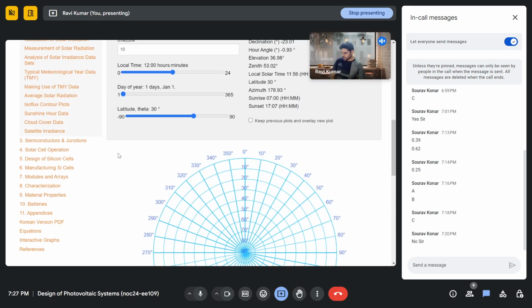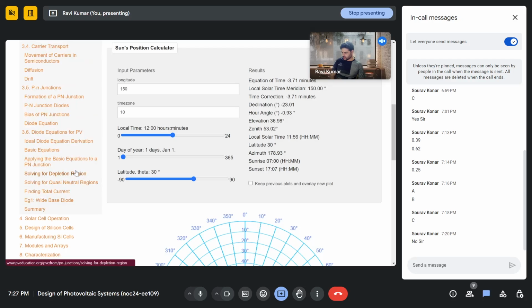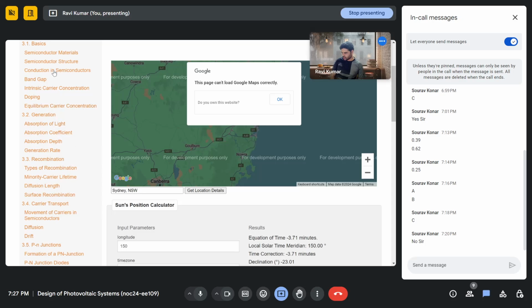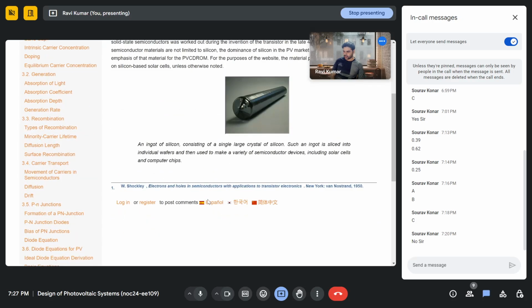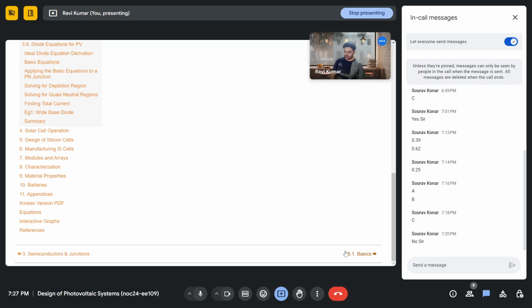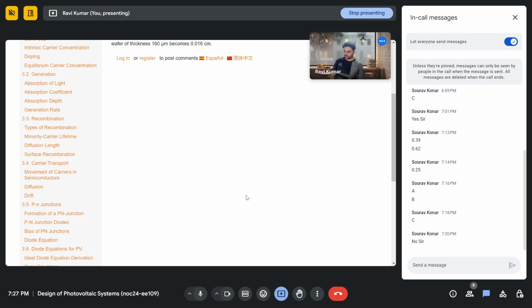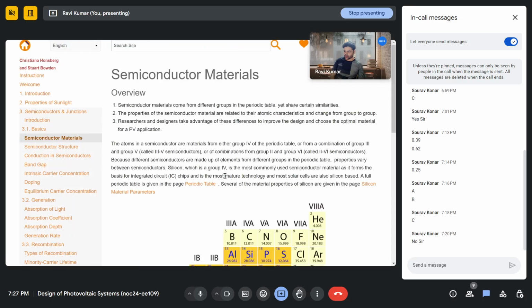Even for semiconductors and all, this was all about solar radiation. I'll show you the semiconductor section. It starts from ingots of silicon to the solar cell. What are the basics? What is a semiconductor? What are the semiconductor materials?